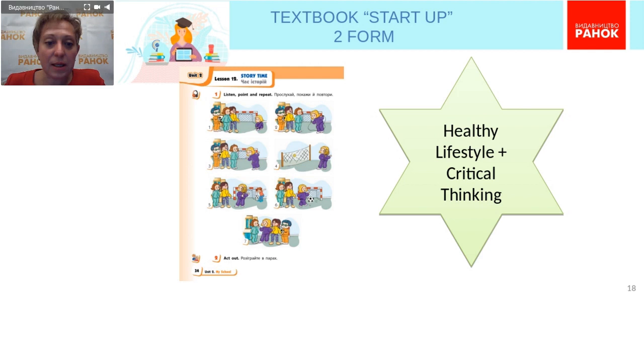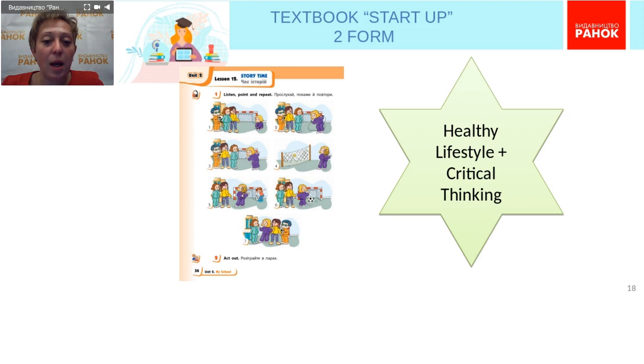Well, the next slide shows us that we can practice, we can develop critical thinking while talking about a healthy lifestyle with our pupils. Our textbook has got pages of Story Time. We talked about this kind of activities in September, if you remember.